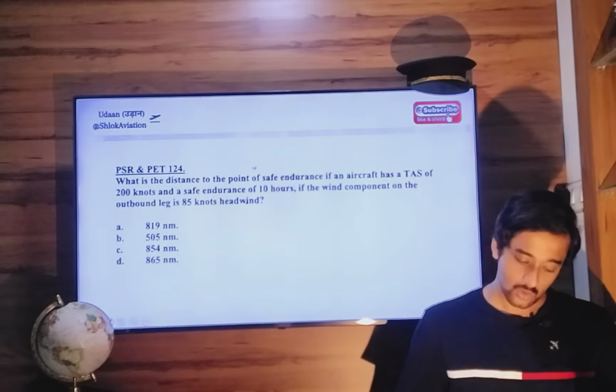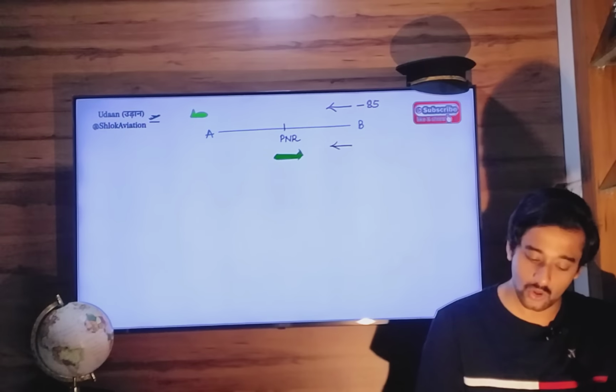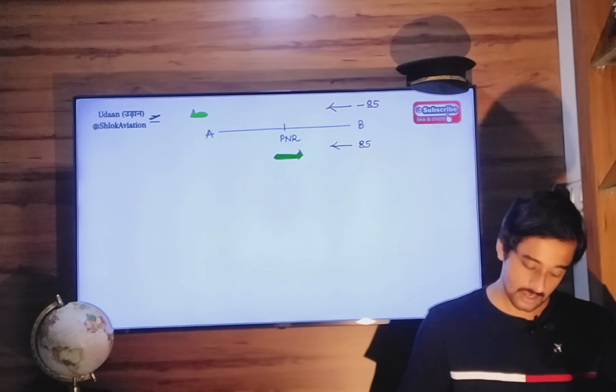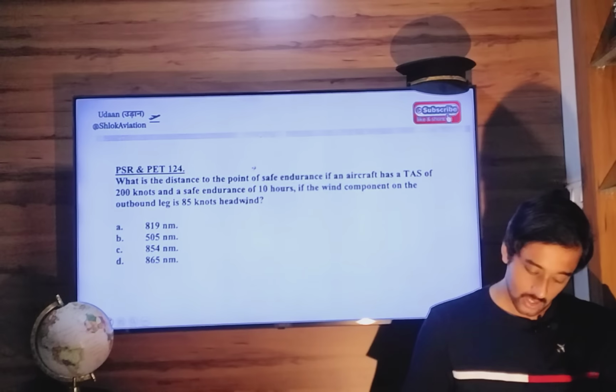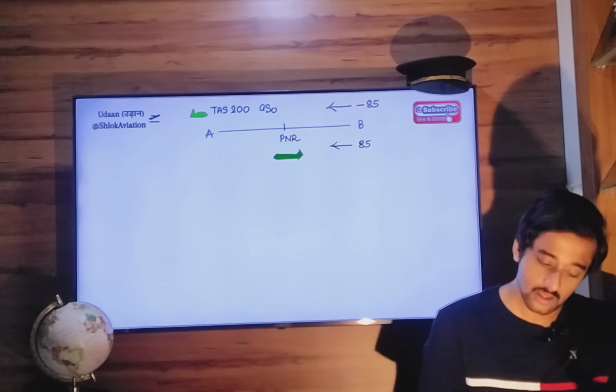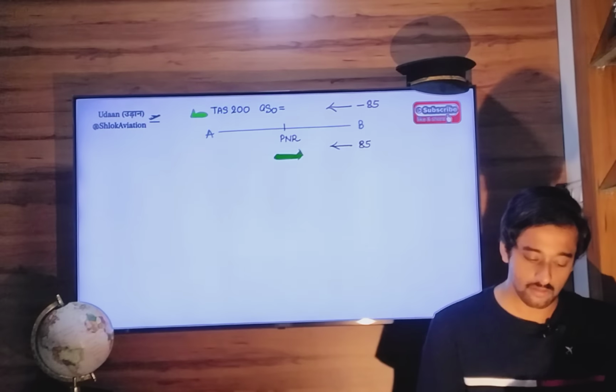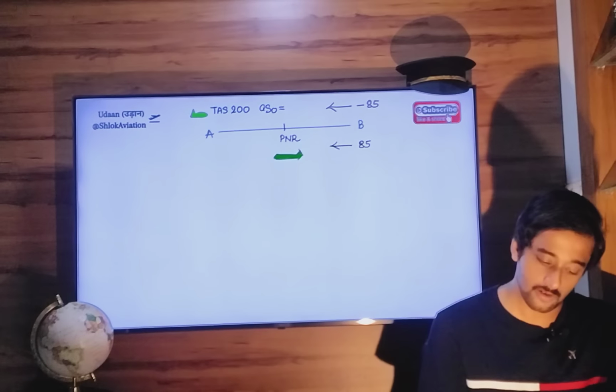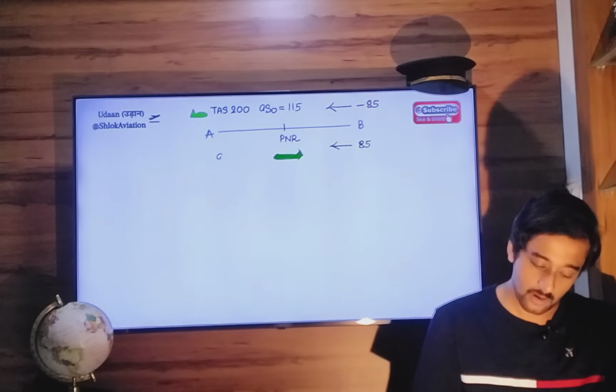So winds 85 knots headwind, so minus 85 on the outbound leg, on the homebound leg plus 85. TAS is 200. So outbound speed will be 200 minus 85, 115. Homebound speed will be 200 plus 85, 285.